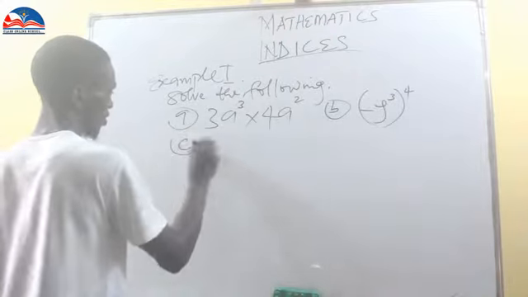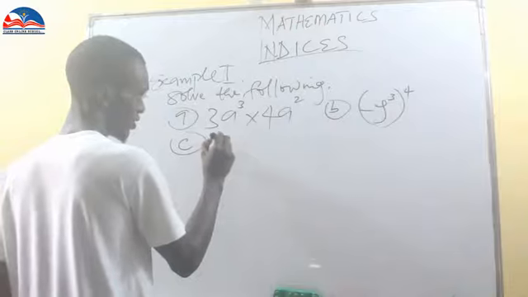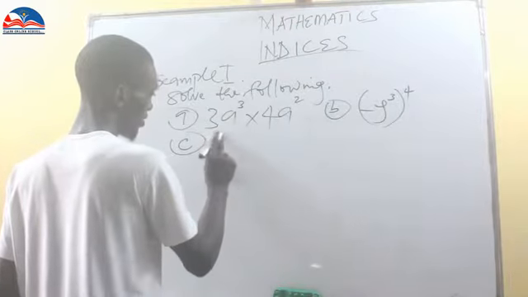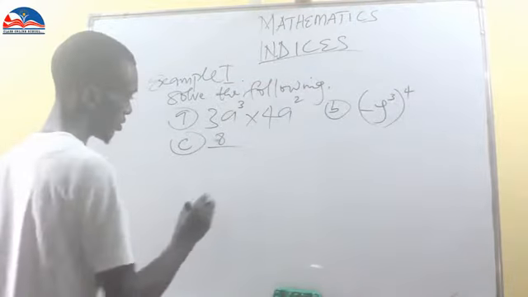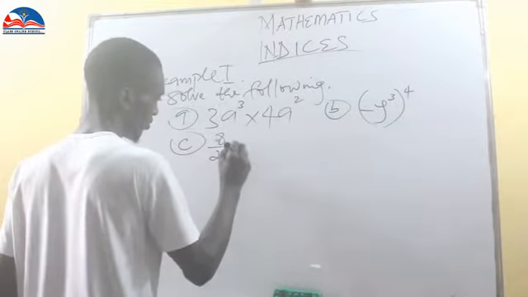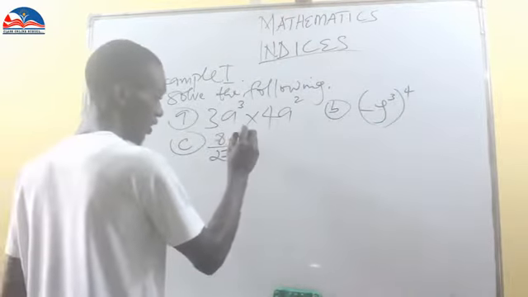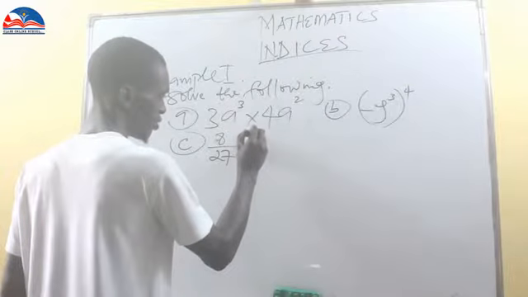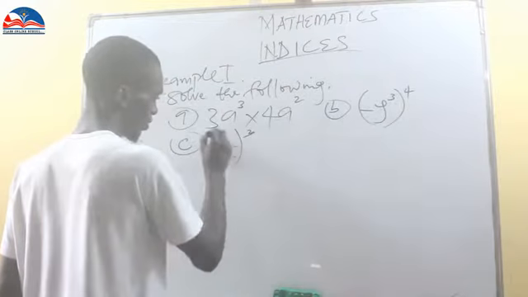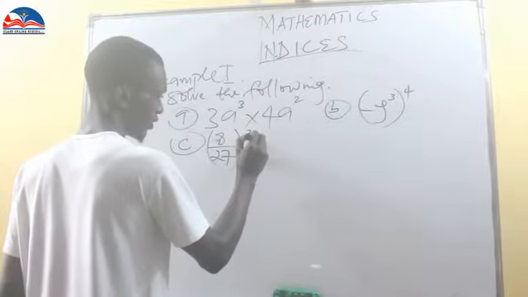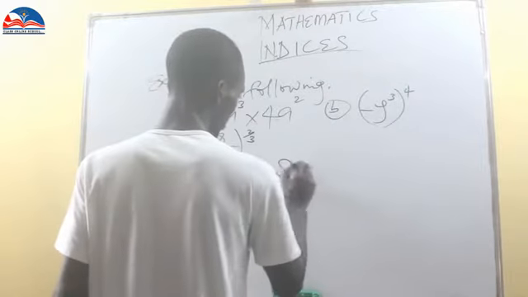C: let's say we have 8 over 27, all index 2 over 3. So let's see how we can solve problems like this.